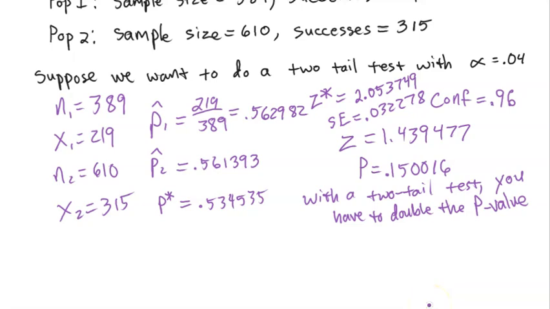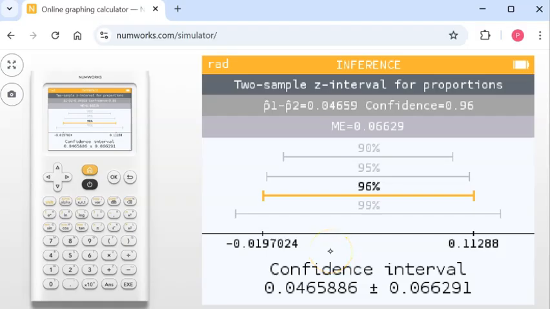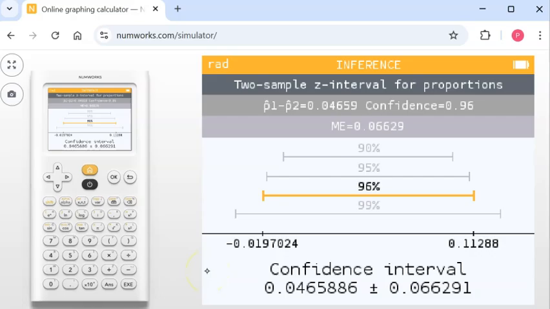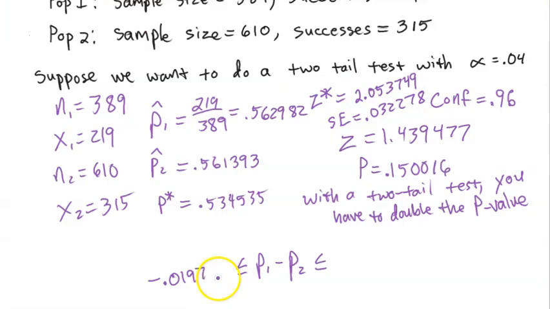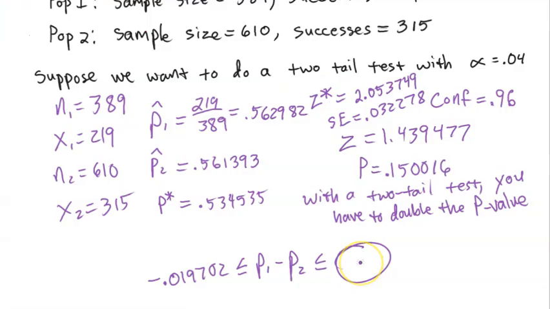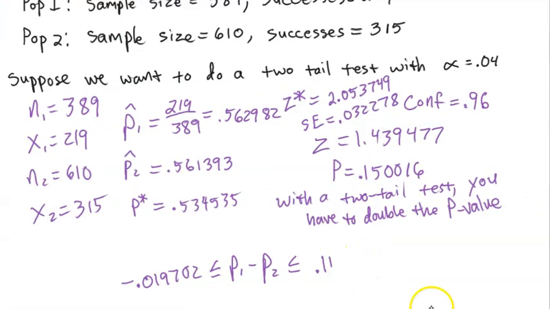And what we would say is that P1 minus P2, with less than or equal signs on both sides, is between negative 0.019702 and, over here, 0.11288. And you can see that 0 is on the interval.